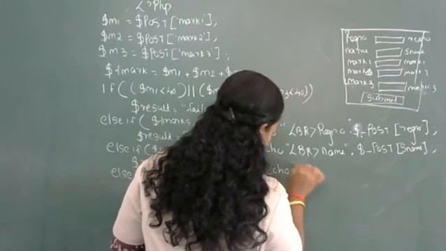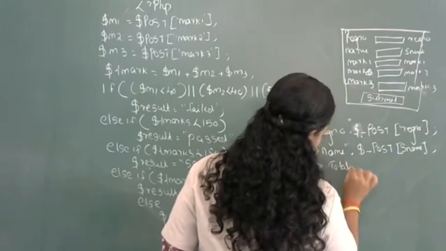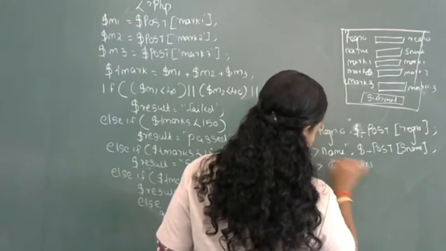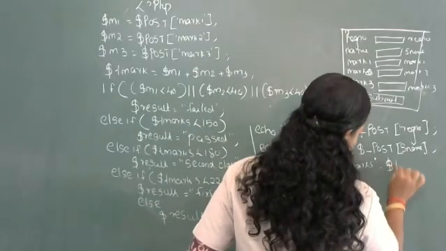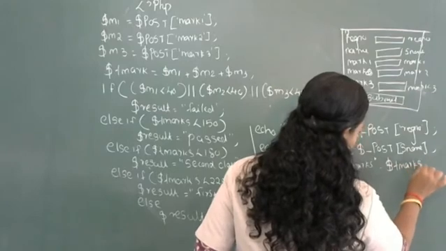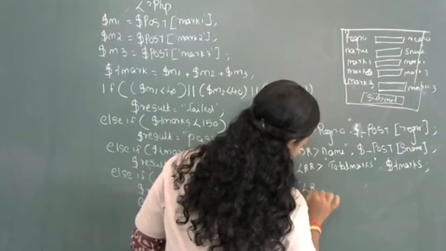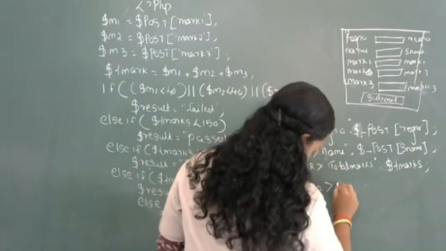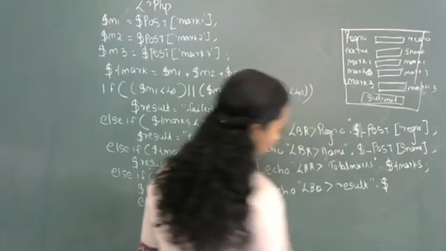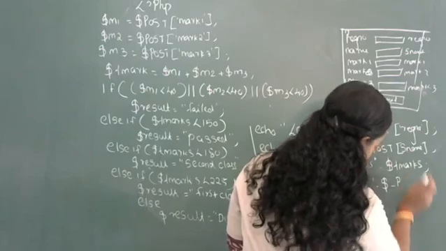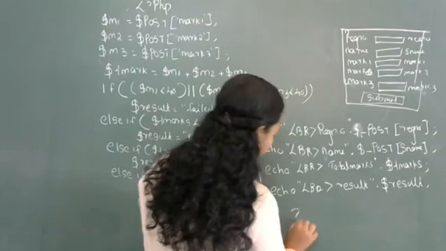Echo BR, total marks dot $Tmarks. Echo BR, result dot $result. Question close.